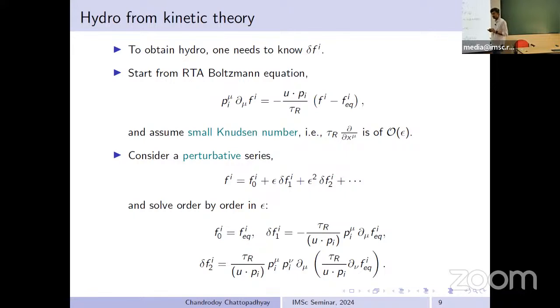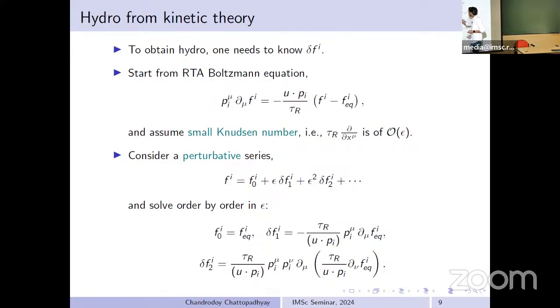Time order of tau r. That will happen in the simplest case, where we take U to be, say, 1. Say we have a system that is homogeneous, but F is anisotropic in momentum. Then there is no spatial derivative because we take it to be homogeneous.